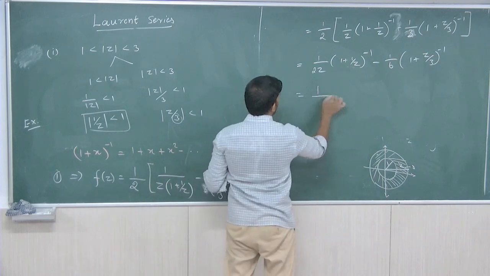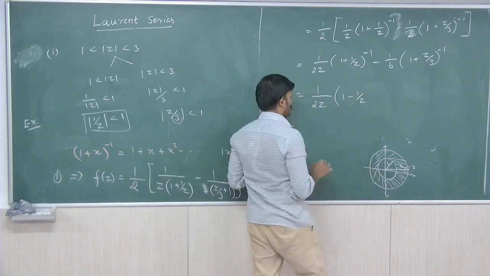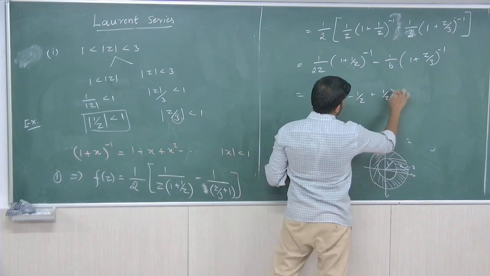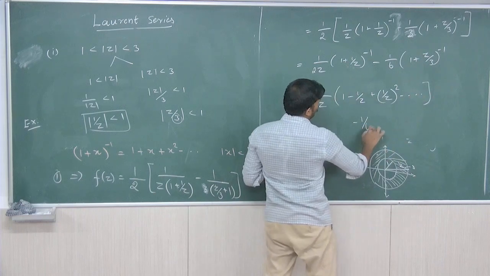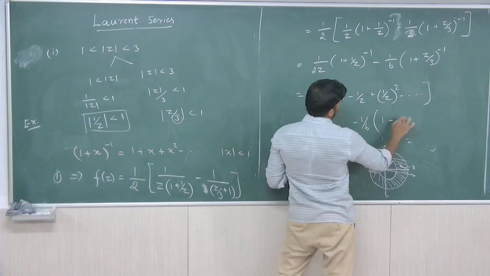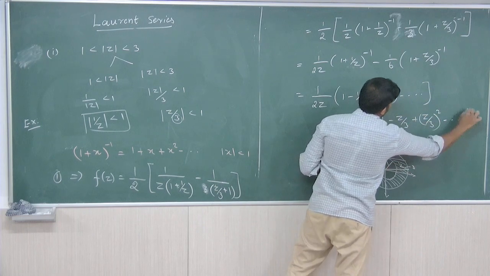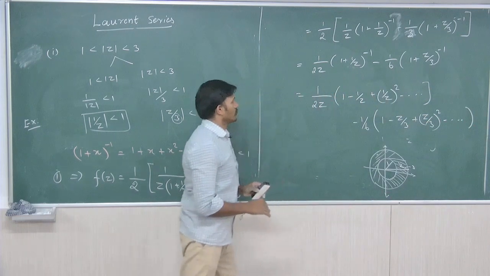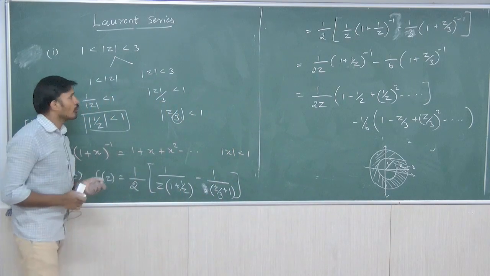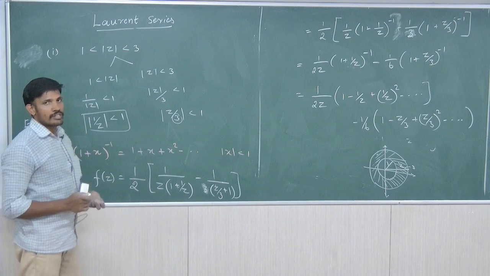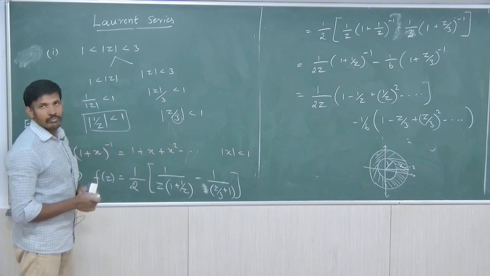So from that you may get 1 minus 1 by z plus 1 by z whole square and so on, minus 1 by 6, 1 minus z by 3 plus z by 3 whole square and so on. So this is the expansion in the region 1 less than modulus z less than 3, right?